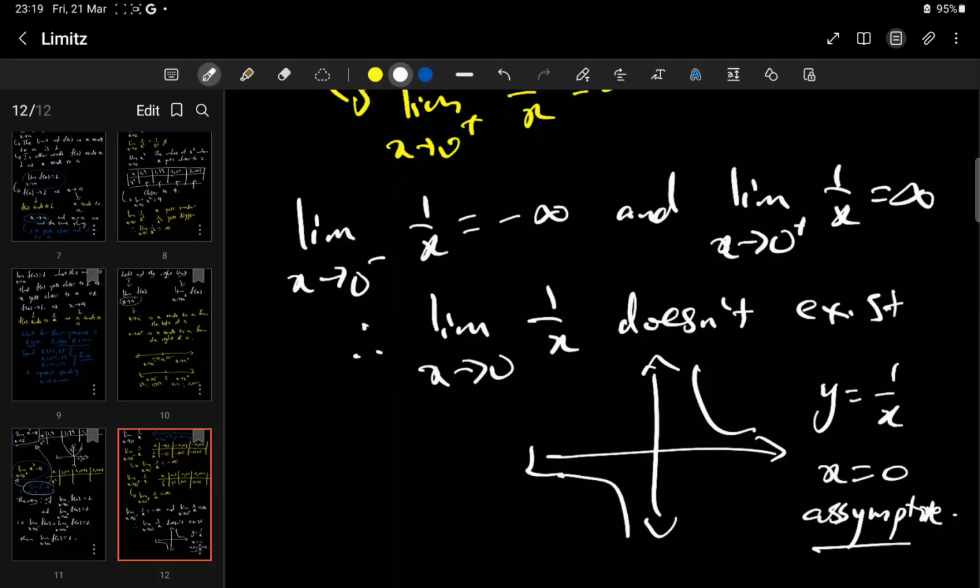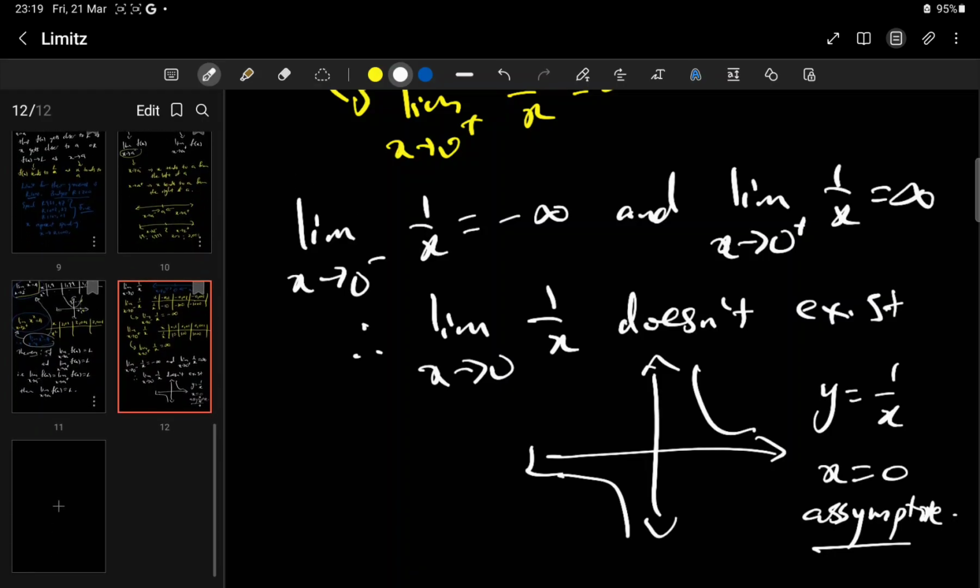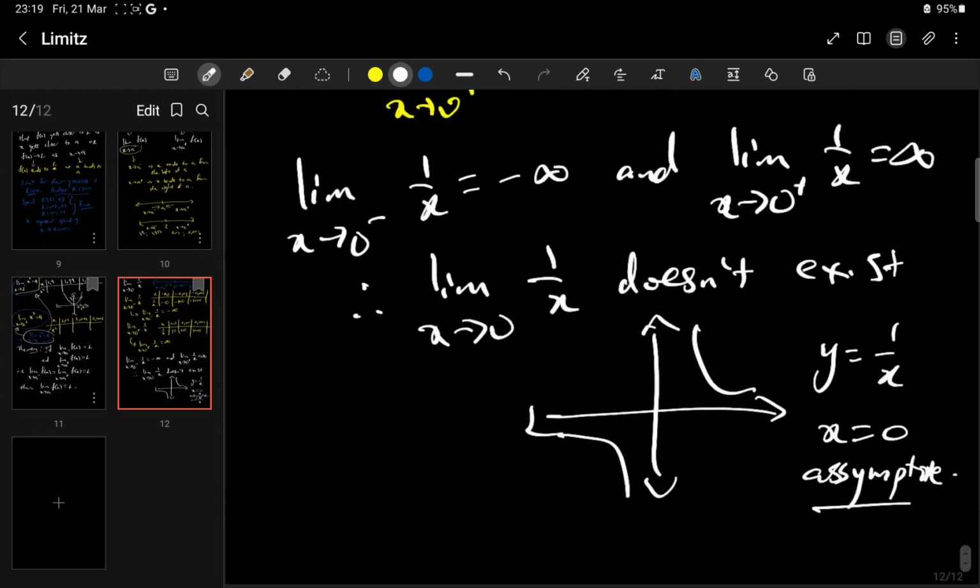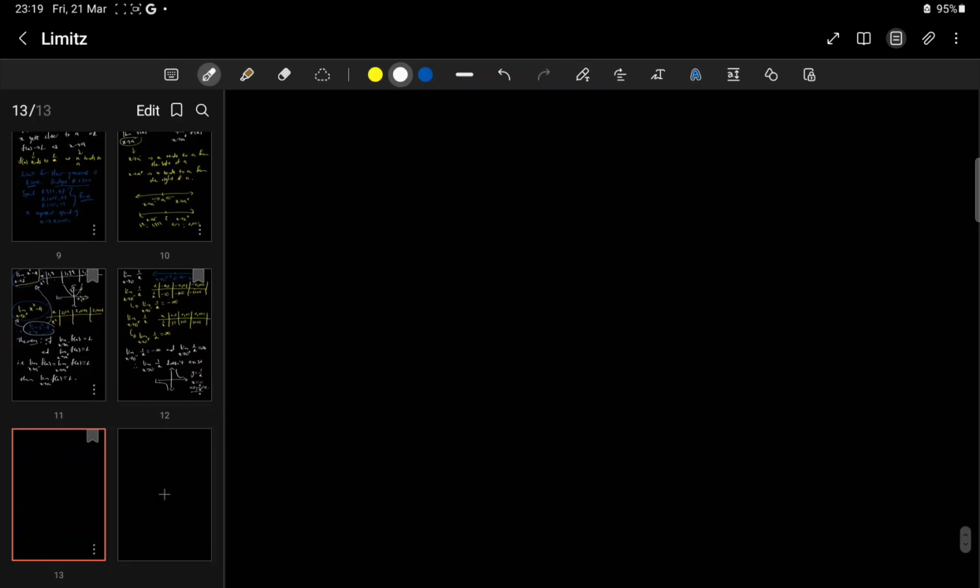That's where you are most likely to not get the limit to exist, because the left limit and the right limit are not equal. The other case where the left and right limits can differ is when you have something called a piecewise function. A piecewise function will be maybe something like this.